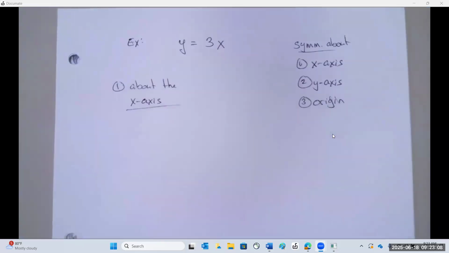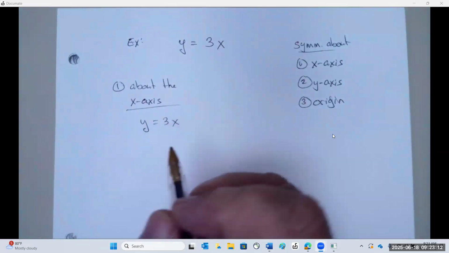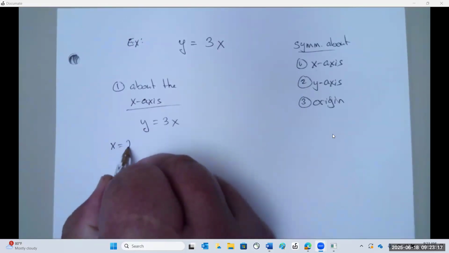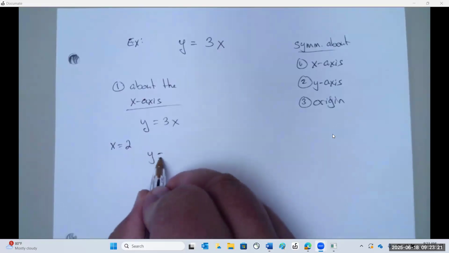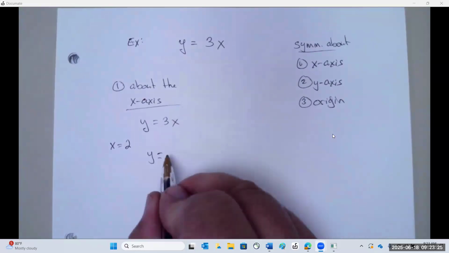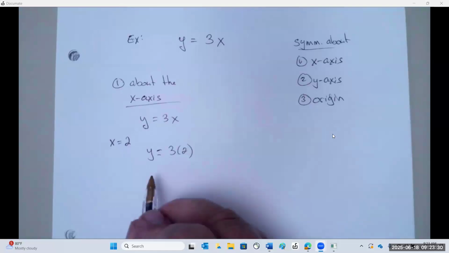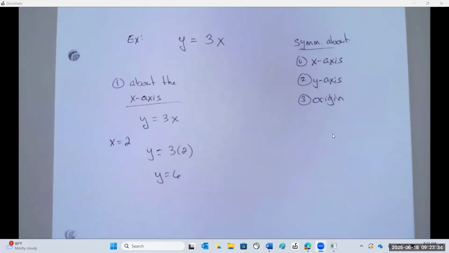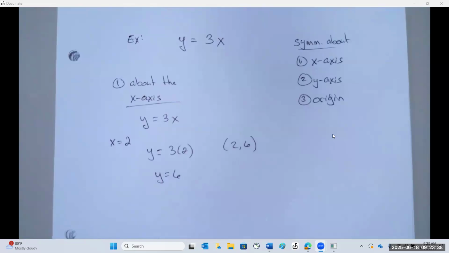So let's test that. So in other words, if I put x equals, let's say 2 in there, what does that equal? Okay, so I have a 6.